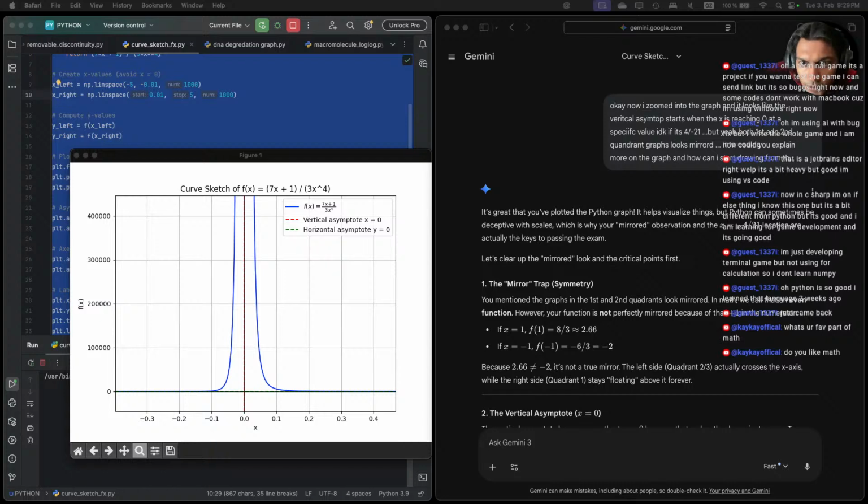Do you have working footage? No, I don't see a working model. Hey, that's cool. You're coding the game. You just streamed.